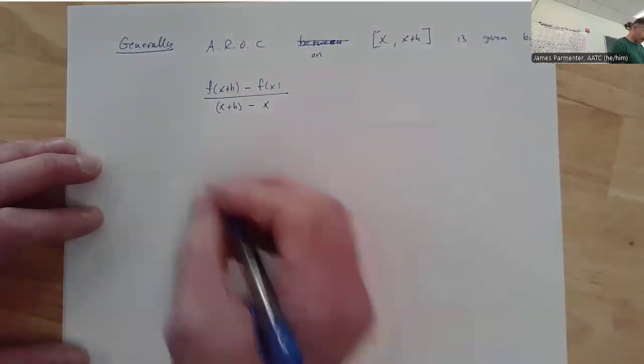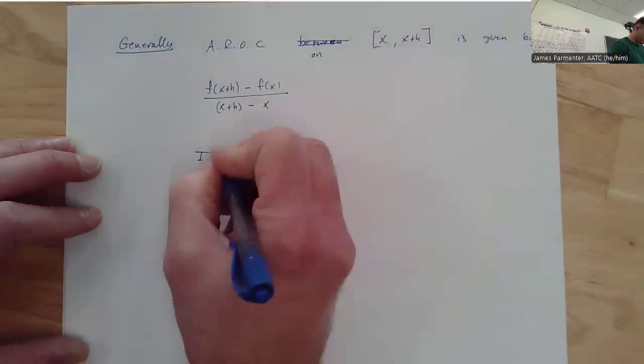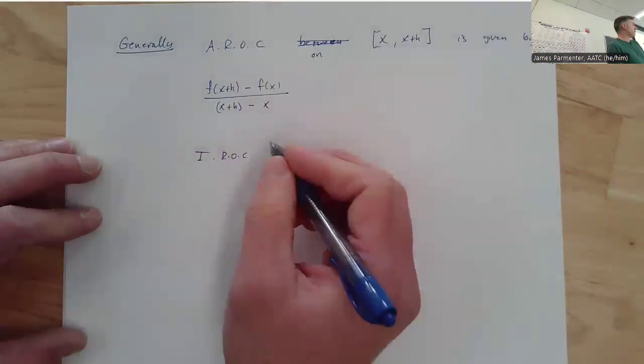And then if you wanted the instantaneous rate of change, it's literally just taking the limit of that.